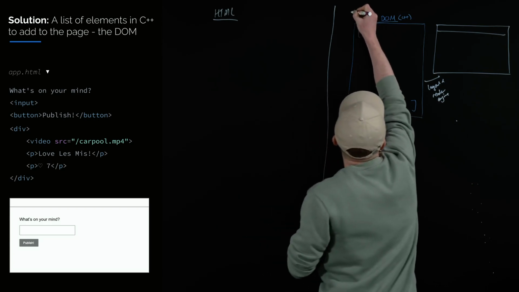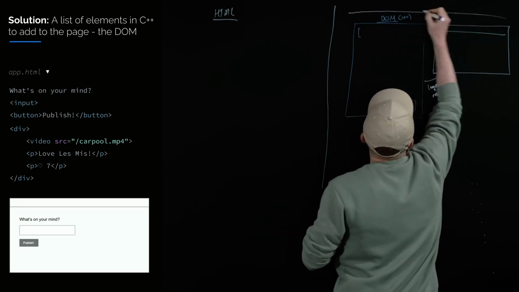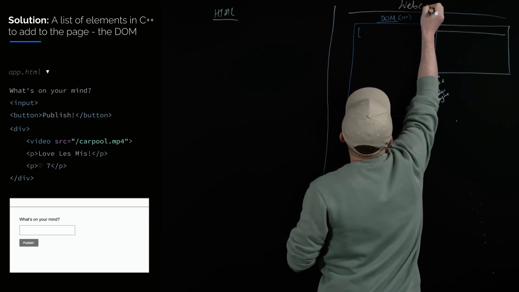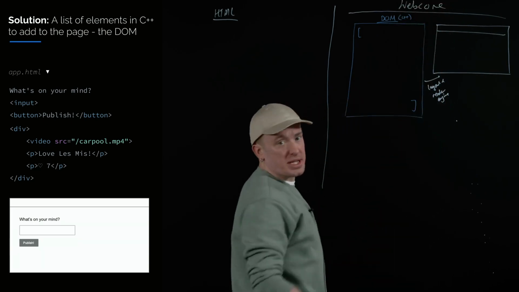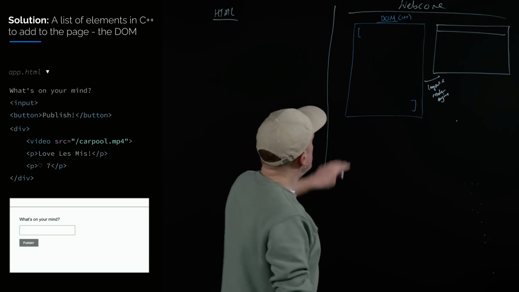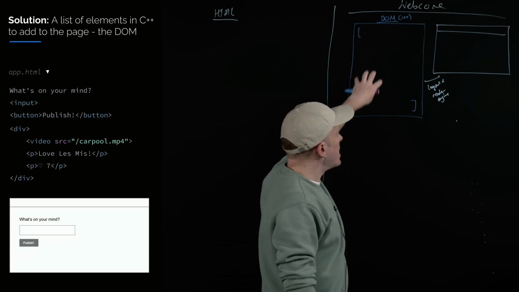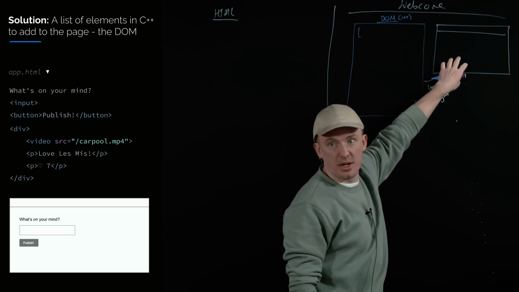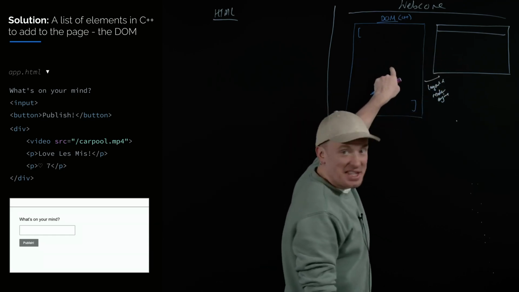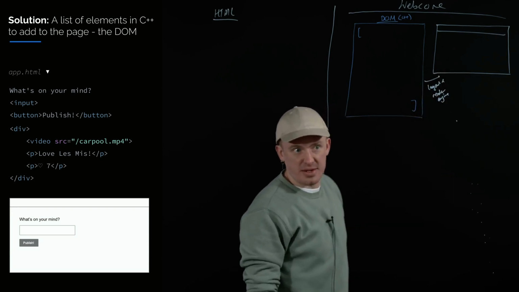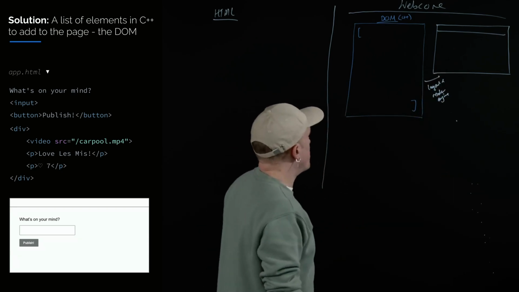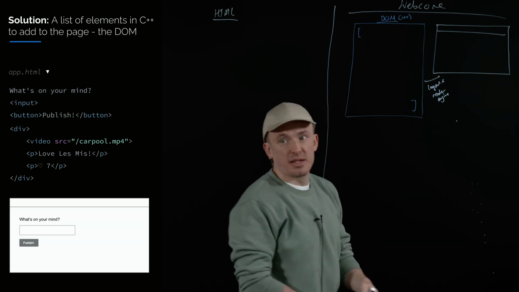This altogether is known as Web Core. This is the core set of technologies that do the job of storing a list of elements in C++ to be loaded on the web page and then converting that list into actual pixels. We do not get to write, well, we'll see, this C++. I don't know if I want to.